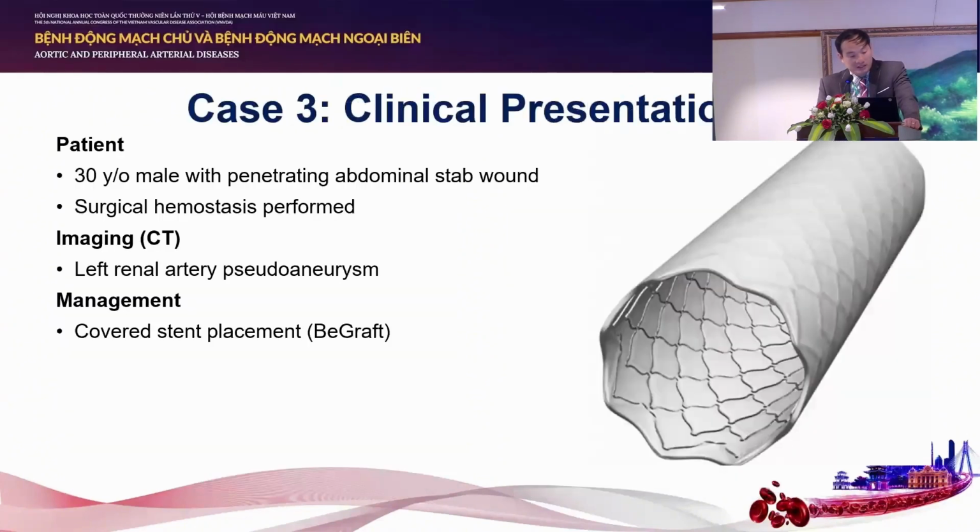Case 3 is a 30-year-old male with a penetrating abdominal stab wound and hemorrhage. On CT, we see a left renal artery pseudoaneurysm.